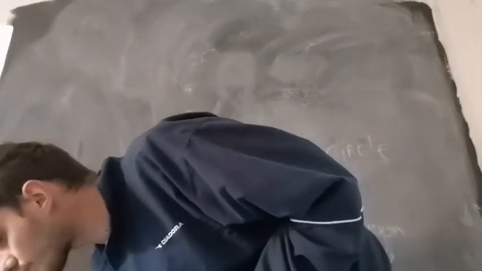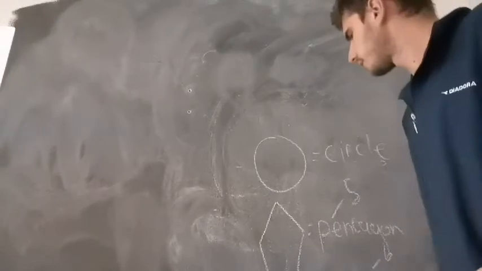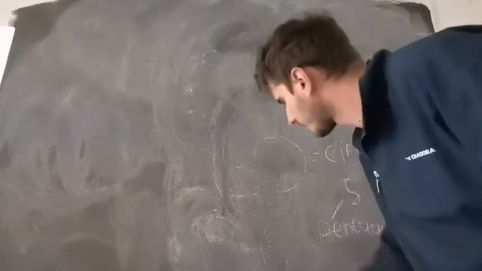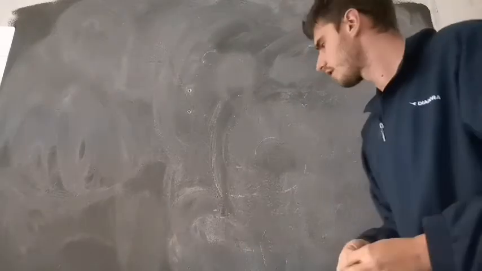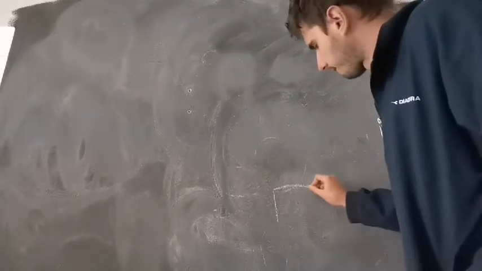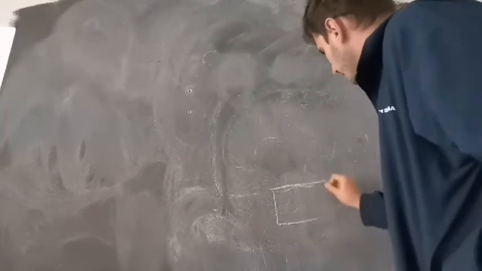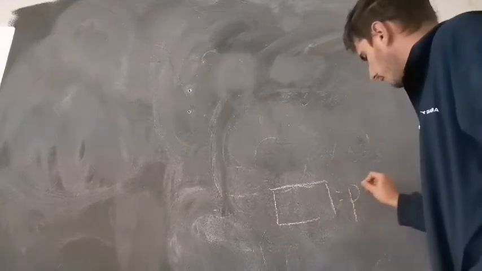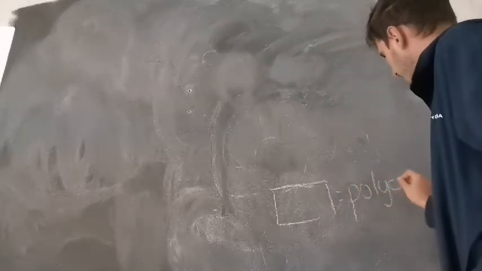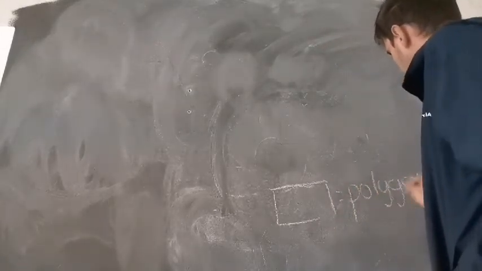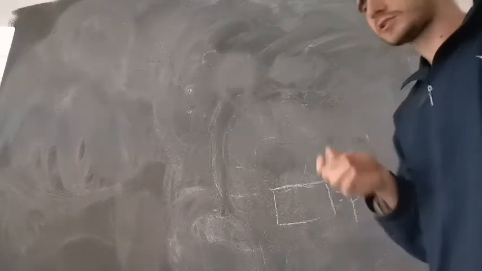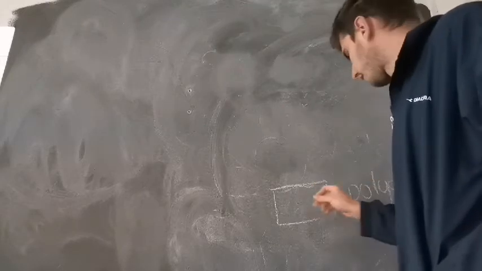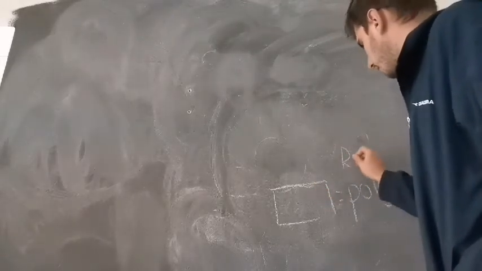Now, when we refer to objects or shapes that have multiple sides, we call them polygons. For instance, this is a polygon. Poly means multiple. So a polygon is any object with multiple sides. Now this is a regular polygon.